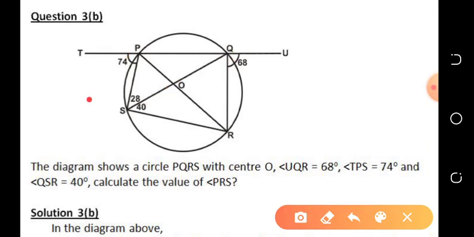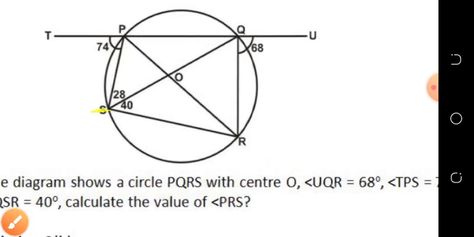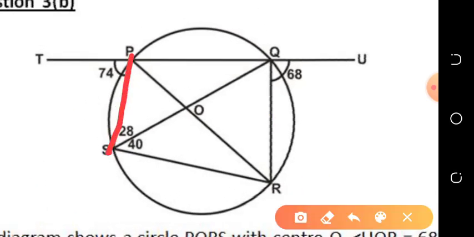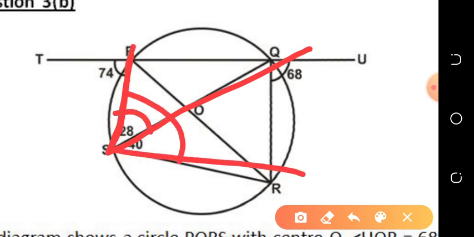Let me make it a little bigger so that we can see. PSQ, you have it here, from P to S to Q. This angle is the whole of this angle, which is 68. How did we get 68?